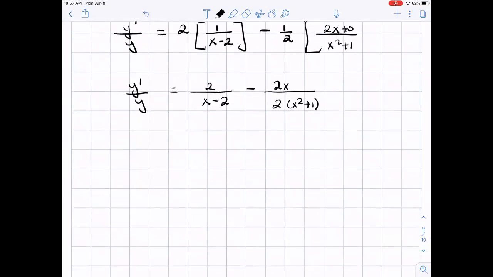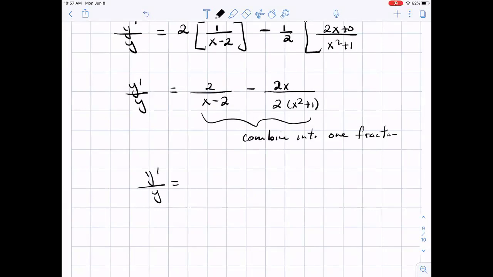If we find a common denominator, we can combine into one fraction. So y prime over y is equal to, the common denominator is x minus 2. This here is the same as 2x squared plus 2 if you want.